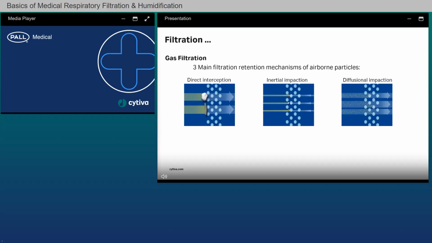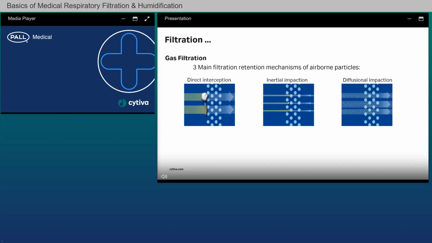Let me do a funny analogy so you'll not forget those three effects. Pretend the filter material is a forest with lots of trees. Direct interception is you coming with a big truck. You're just too big and will hit the first trees. No way to pass. Inertial impact is like the motorcycle rider.